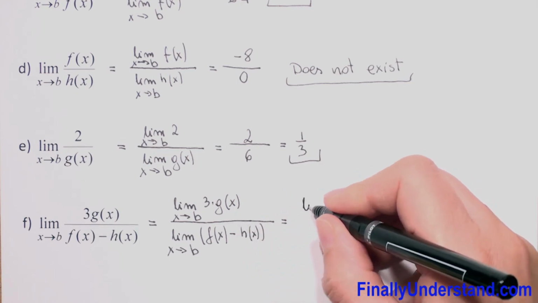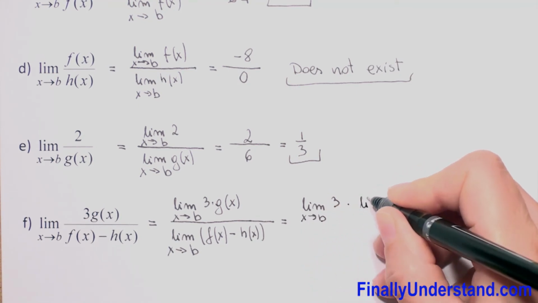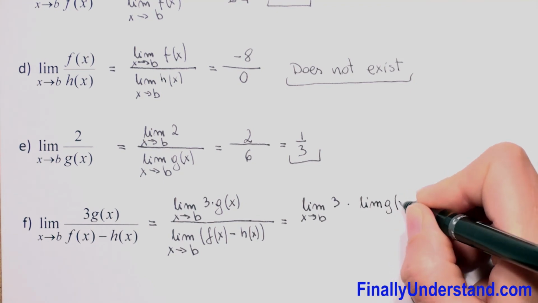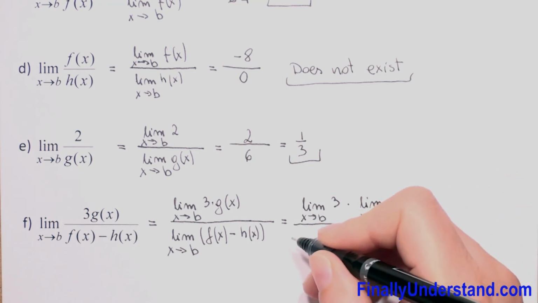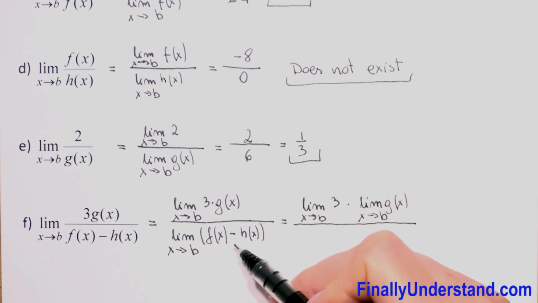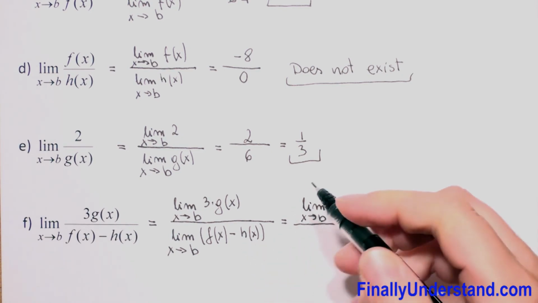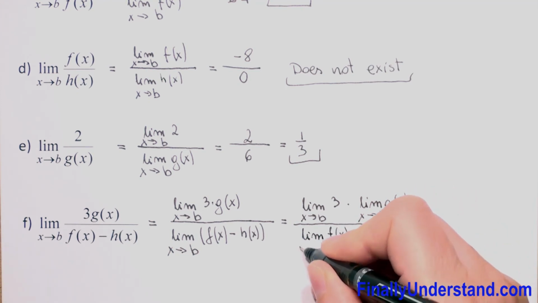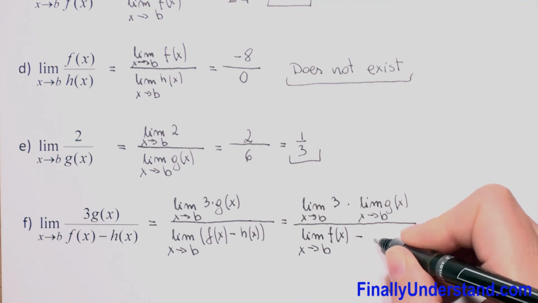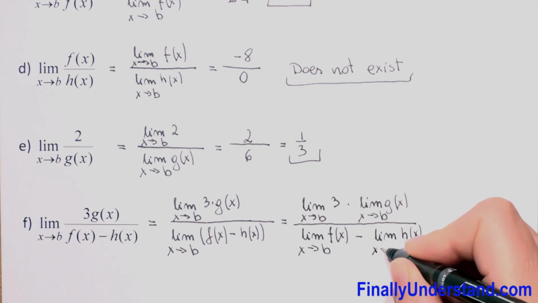So we will have the limit of 3 as x approaches b times the limit of g of x as x approaches b, and in the denominator we have the limit of a difference, which we can rewrite as the difference of limits. So it will be the limit of f of x as x approaches b minus the limit of h of x as x approaches b.